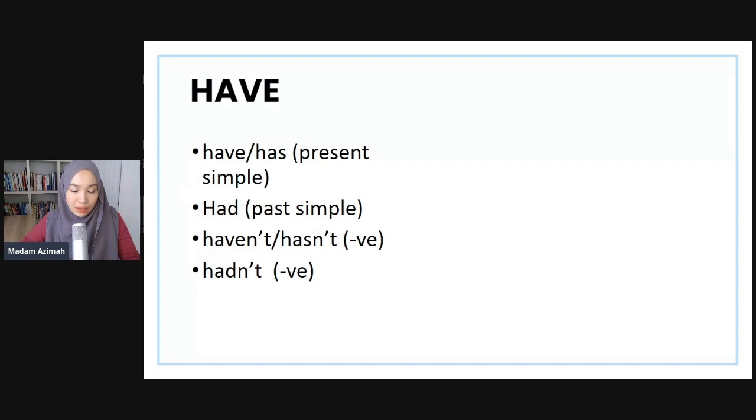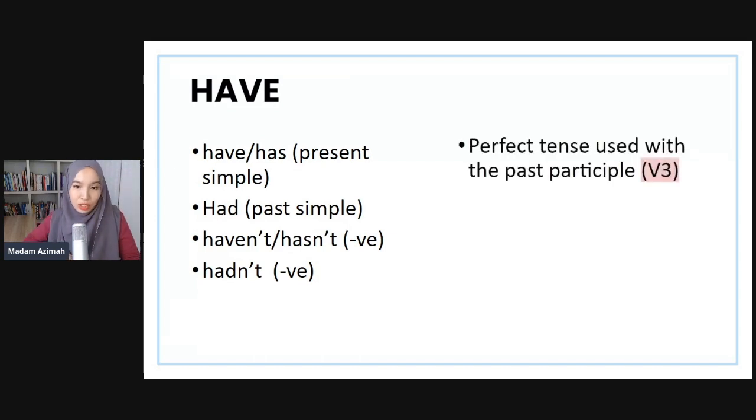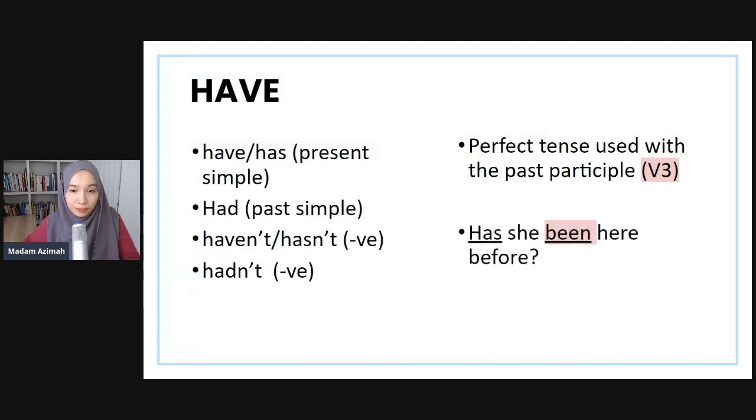Okay. A bit technical here, but I do need to go through this one. So in the perfect tense, it's used with the past participle, which is the verb 3. So just pay attention first. What does it mean?